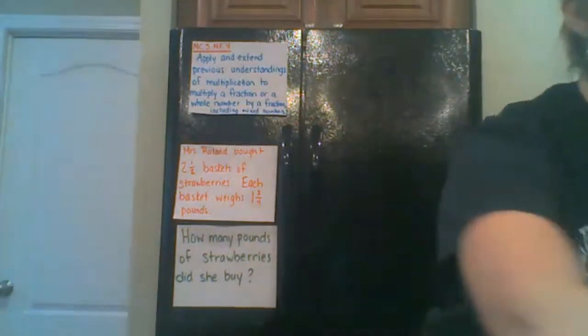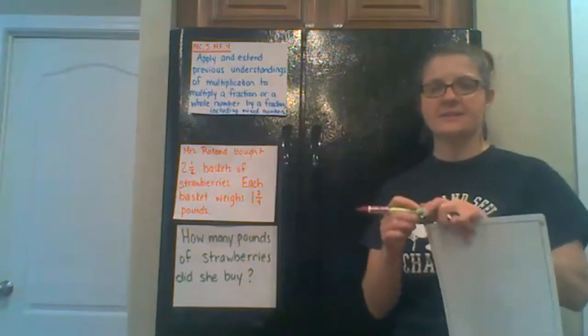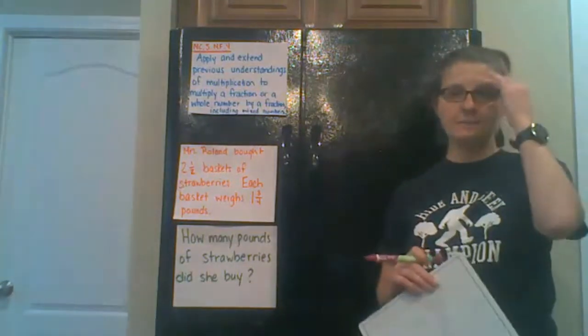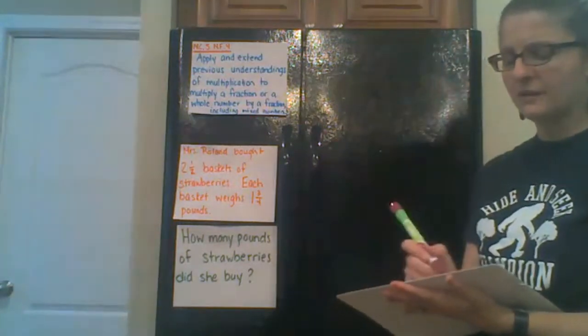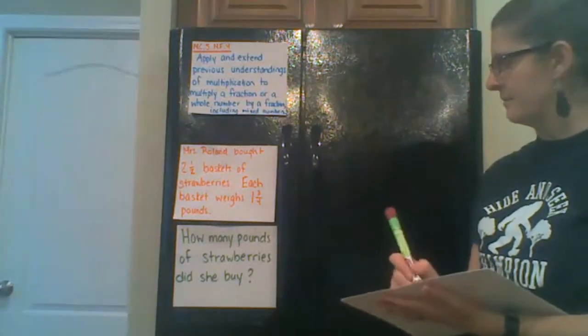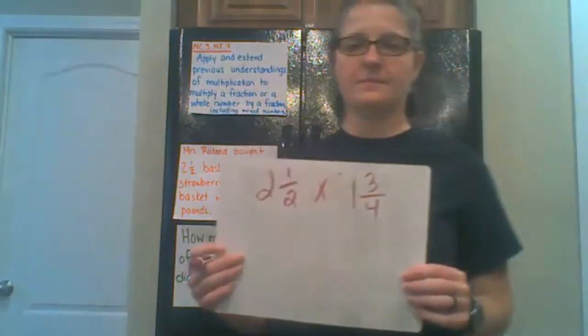Now, let's talk for just a second about something that happens a lot with 5th graders, okay? So we know that we are multiplying these two numbers just like that.